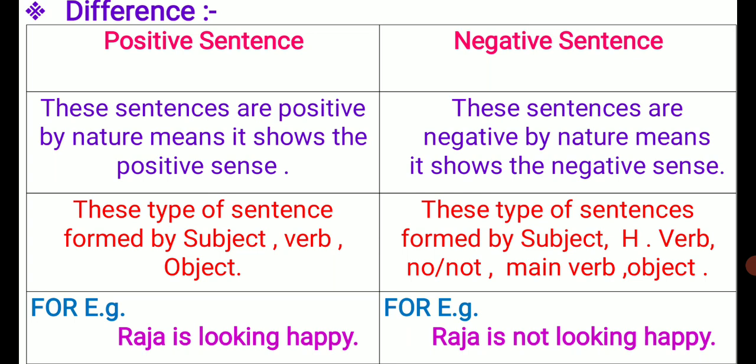It reflects the negative sense of the sentence. So this is the difference between a positive sentence and a negative sentence. By this difference you can identify which are the positive sentences and which are the negative sentences very easily.